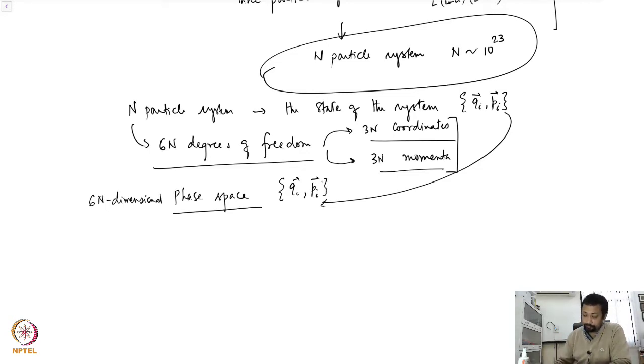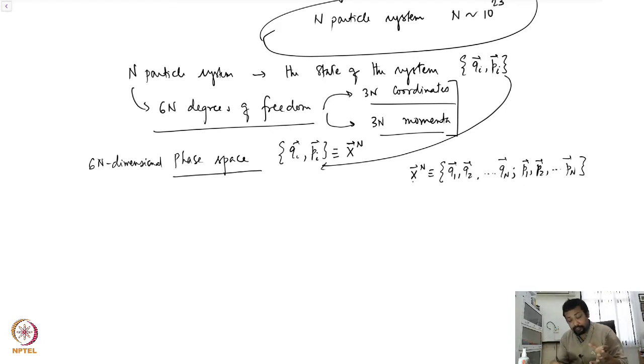So in the phase space, there is a point. We shall denote it by the vector x capital N, which is equivalent to q1, q2, all the way up to qn, and then p1, p2, all the way up to pn.